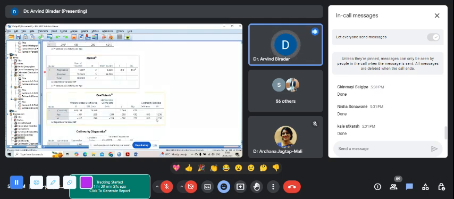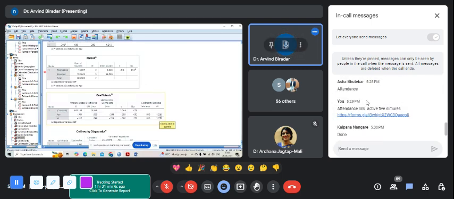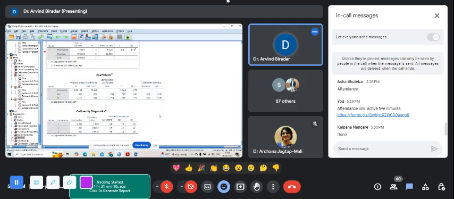Here the collinearity value is 1.235. Okay, it's a little bit high.